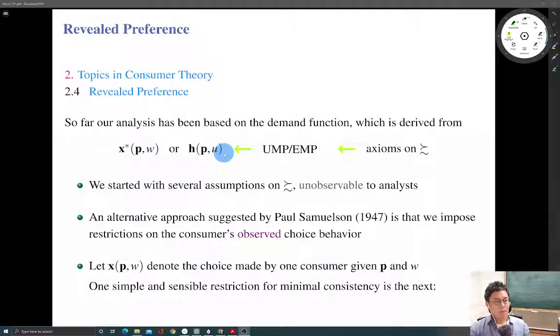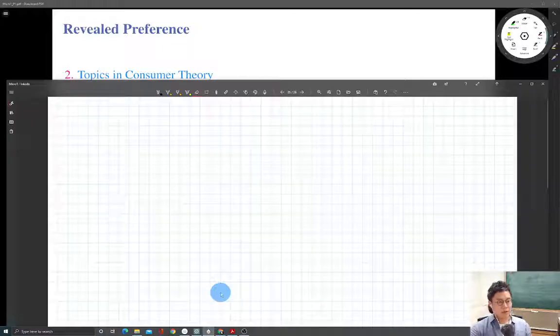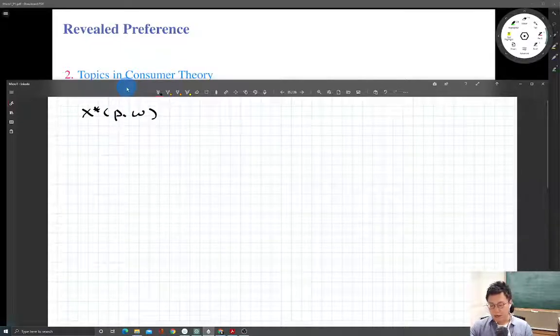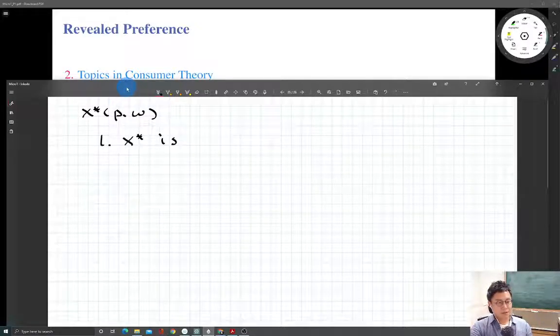Okay, so additionally, we also talked about the general properties of these two demand functions. So for Walrasian demand, if we go back to the previous proposition, remember that if x star is a Walrasian demand, so if that is the solution to the UMP, we know that first, Walrasian demand is homogeneous of degree 0 in price vector and wealth.